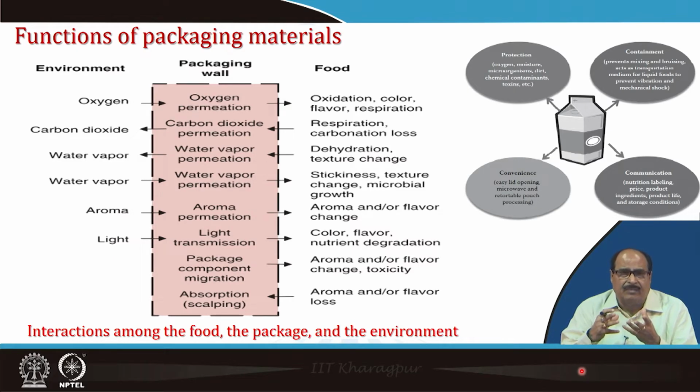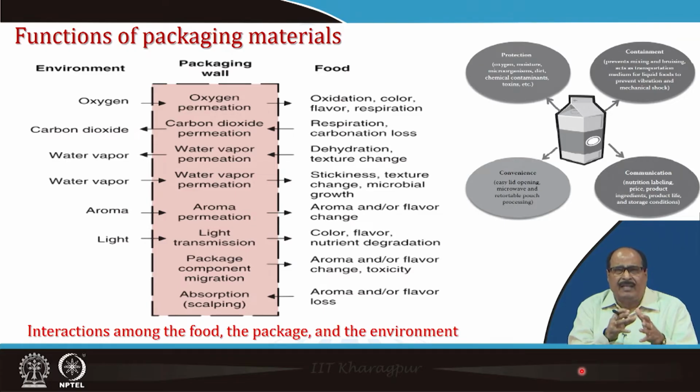Similarly, light transmission: heat sensitive products kept inside a package need protection from light catalyzed reactions, and the packaging walls provide this protection. Then package component migration may occur, that is, certain components from the packaging material may migrate into the food products. There may also be absorption of material or scalping.